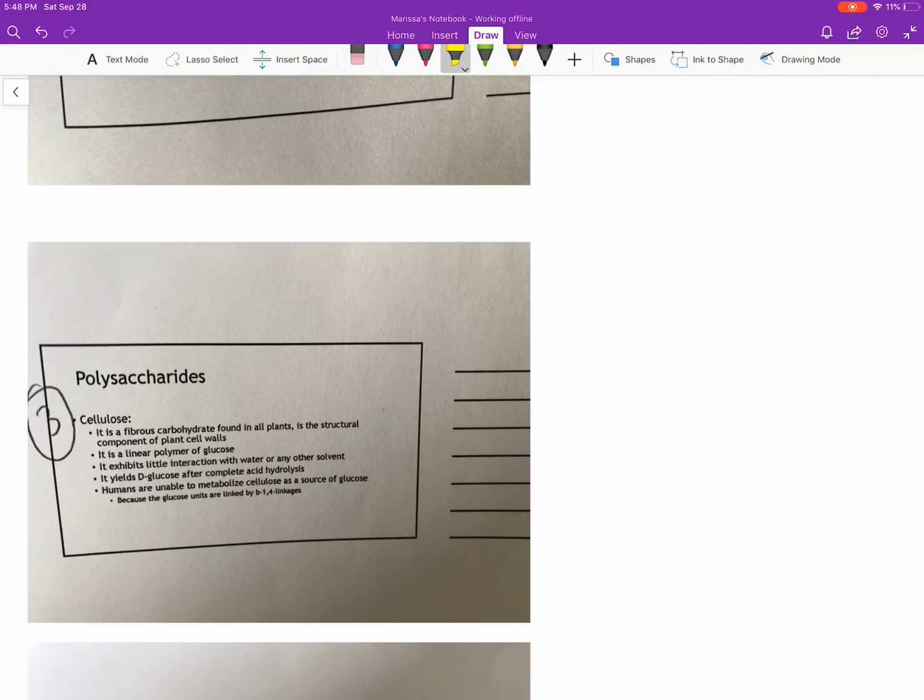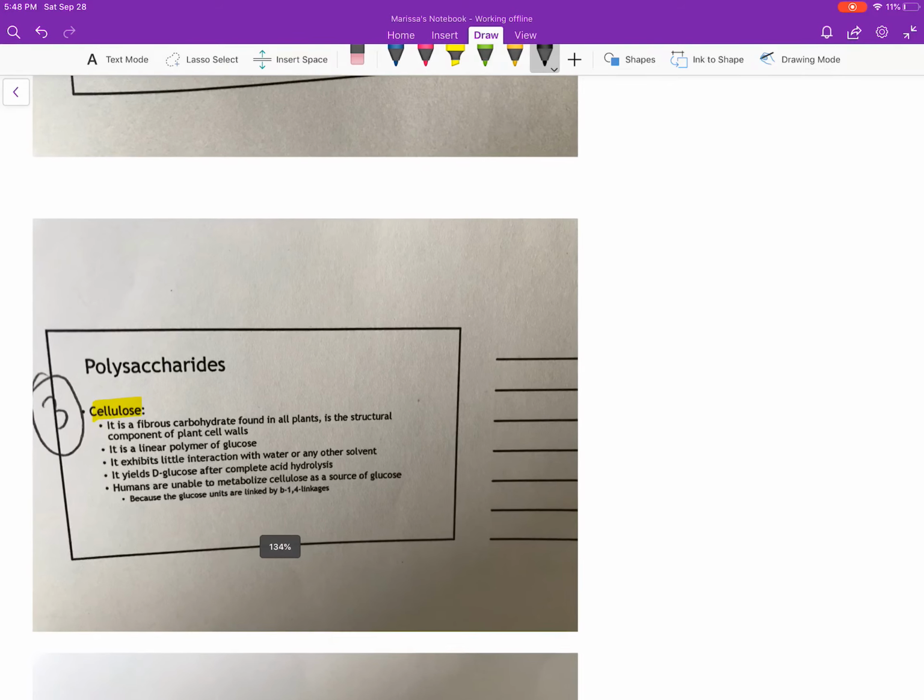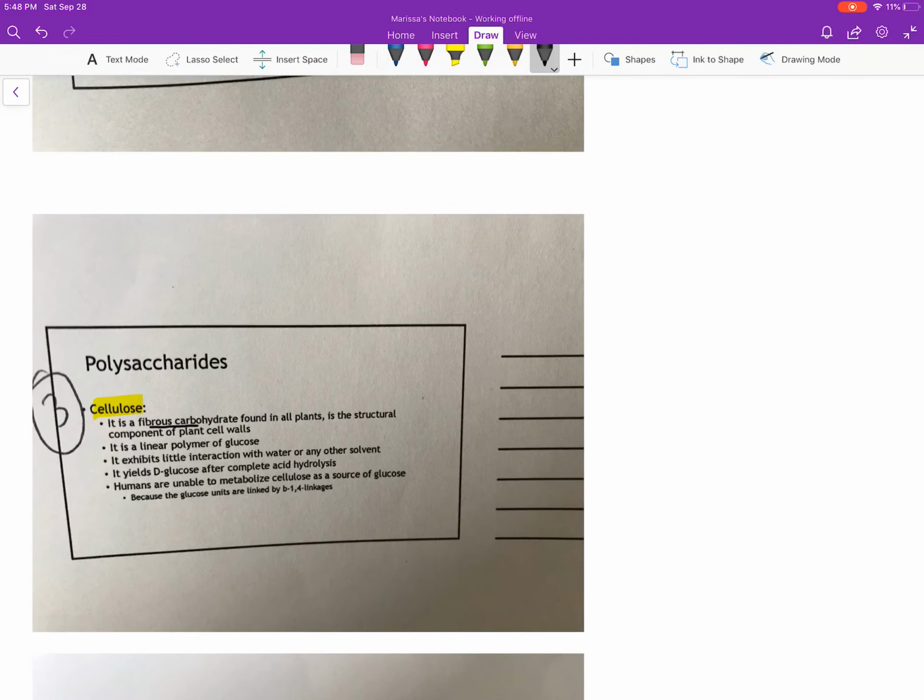All right, cellulose. Cellulose is a fibrous carbohydrate found in all plants, and it's the structural component of plant cell walls. It's a linear polymer of glucose. It exhibits little interaction with water or any other solvent, hence why it makes a great cell wall. It yields D-glucose after complete acid hydrolysis.